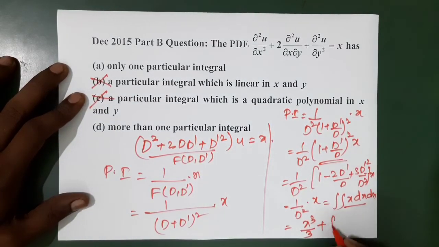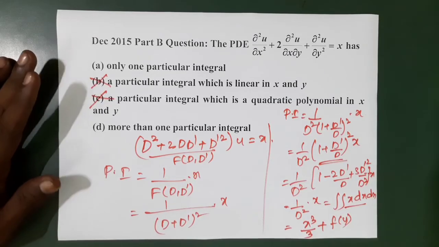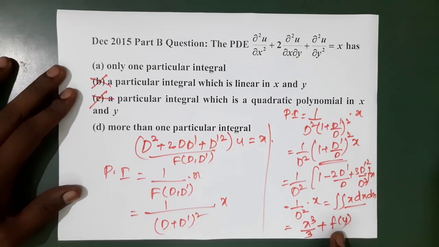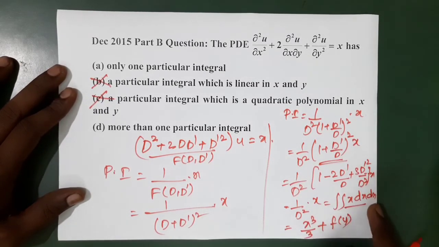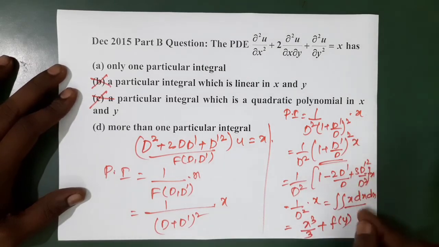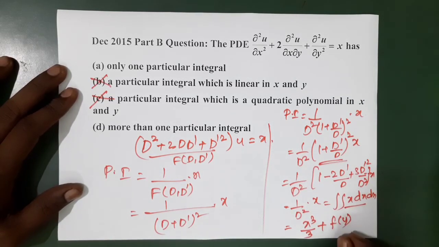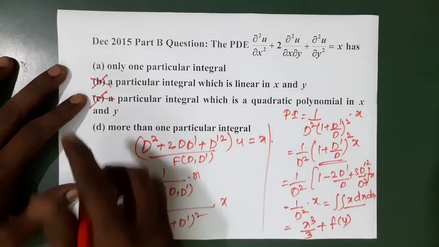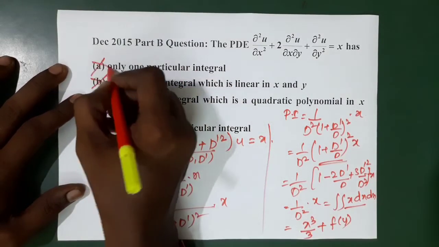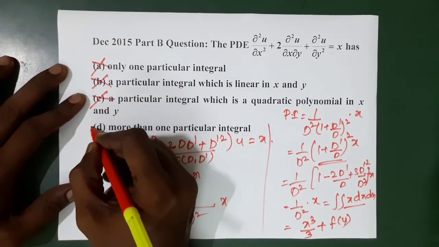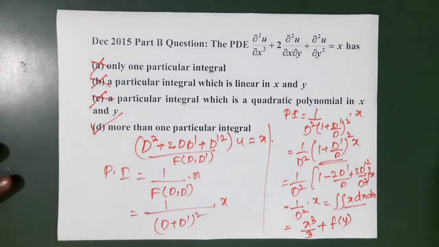Also, whenever you are integrating, the integrating constant will be there. Here we are integrating with respect to x, so the constant is going to be a function of y. So here we don't have only one solution. Therefore the option is more than one solution.